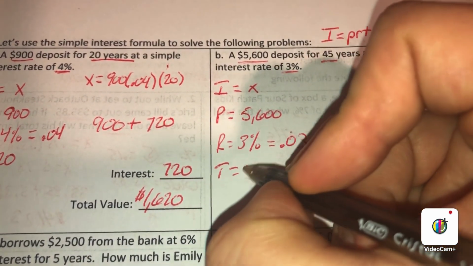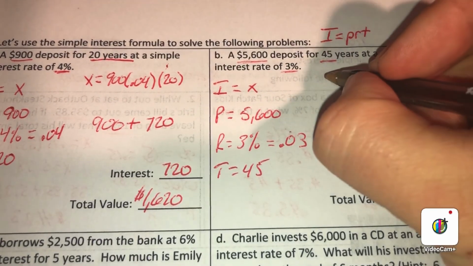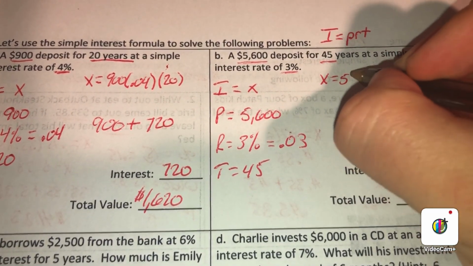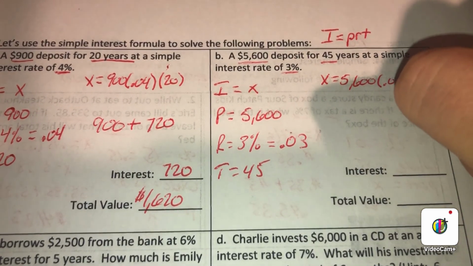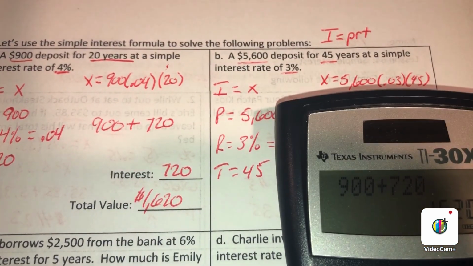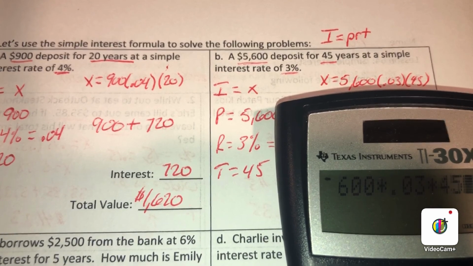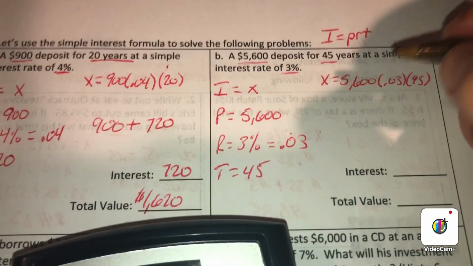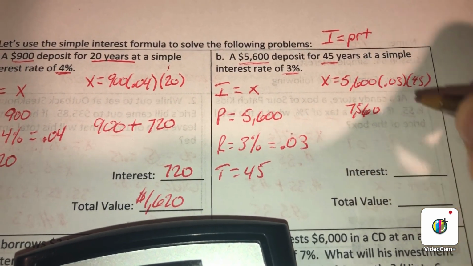And the time is 45 years. So X equals 5,600 times 0.03 times 45. That'll give us our interest amount, $7,560.